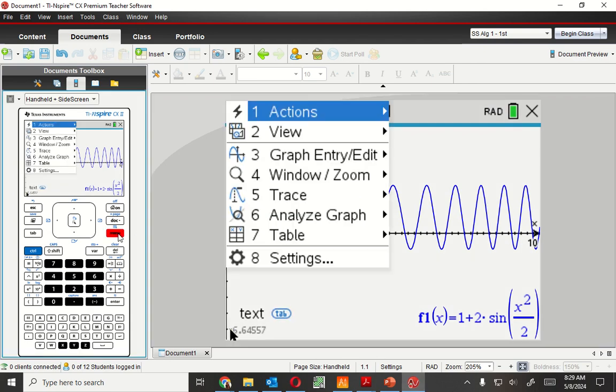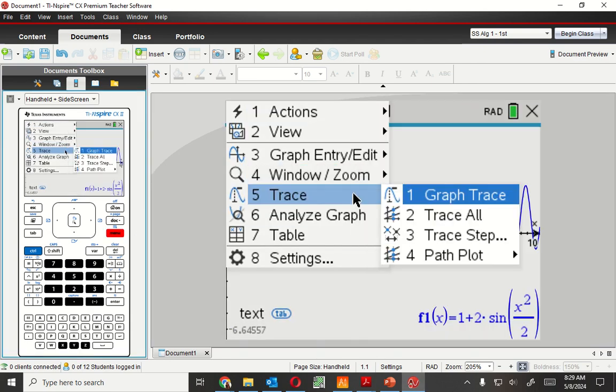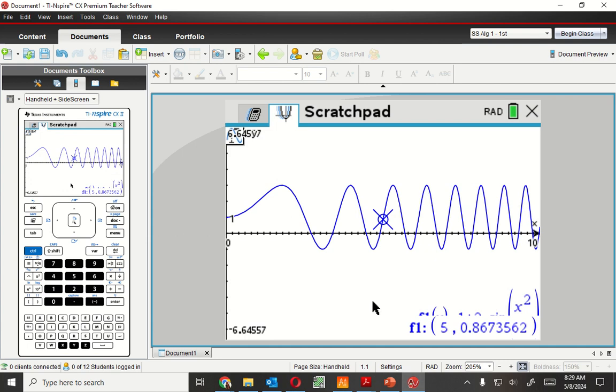Menu, graph, trace, and since it gives me a coordinate, I just plug in the number 4 and hit enter. My value is going to be a positive 29787. That's important. Let's write that down.